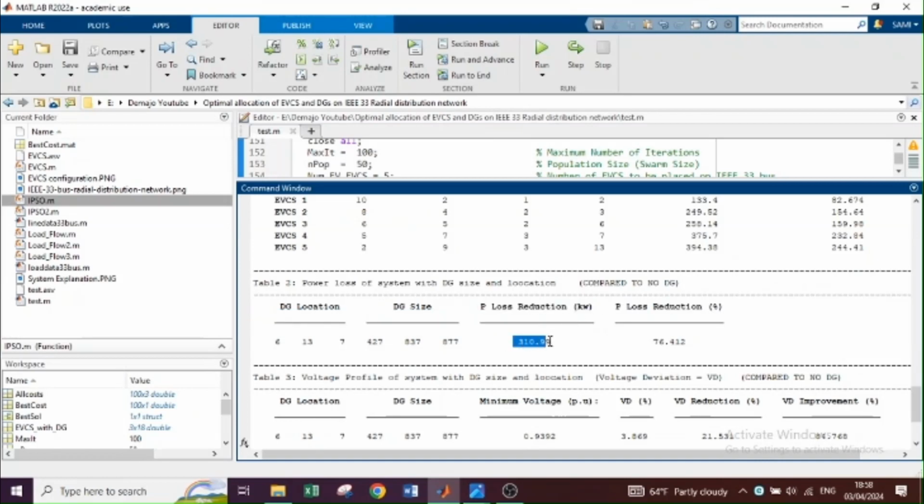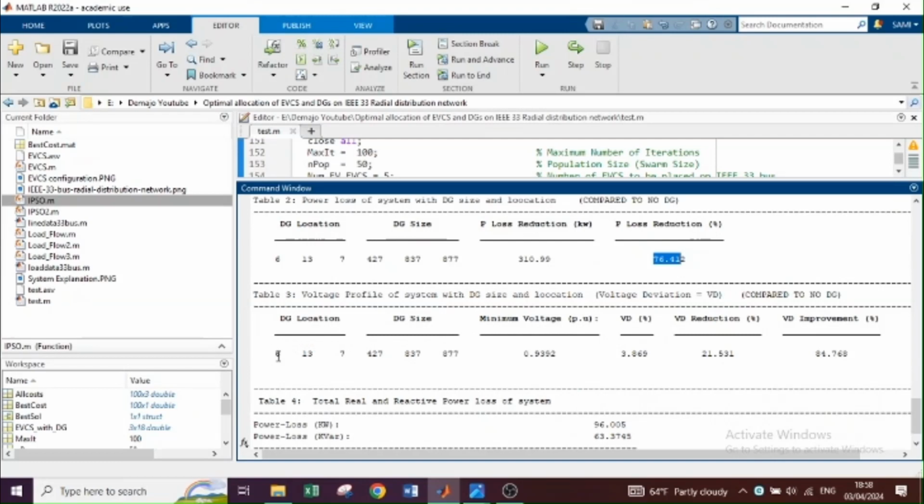And here we can see that the power loss, compared to the no DG result, is reduced by 310 kilowatts, and that's a 76% improvement. When we look at the voltage profile, we can see that the minimum voltage is 0.93 and the voltage deviation is 3.84.